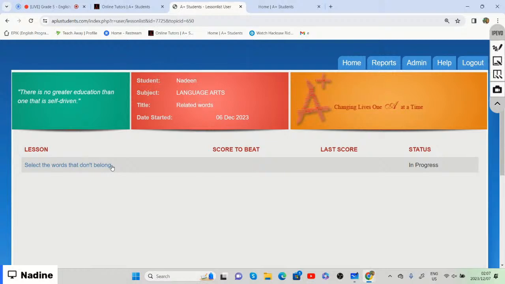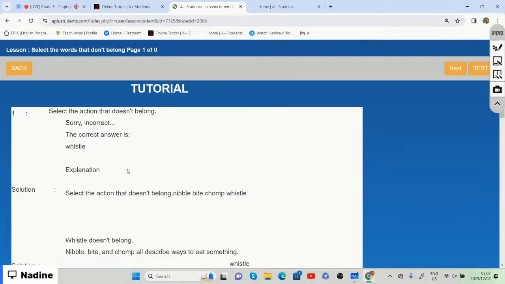We need to select the word that does not belong at all.